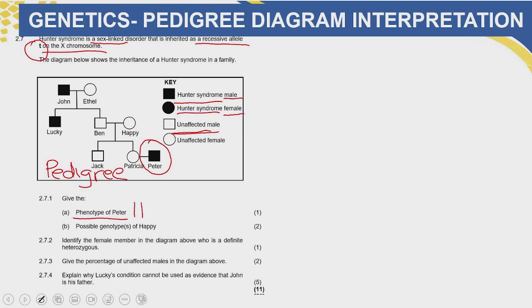So Peter is a male with Hunter's syndrome. So it's important when you are doing pedigree to indicate the gender. That is very important.